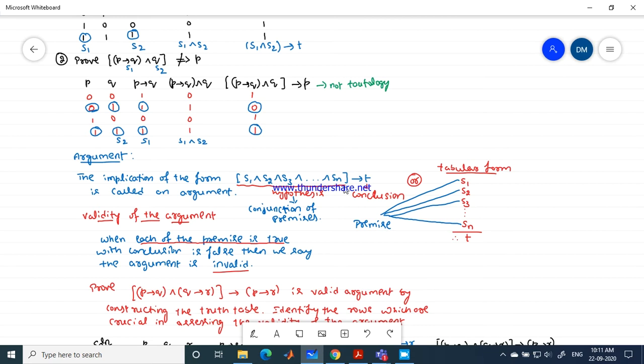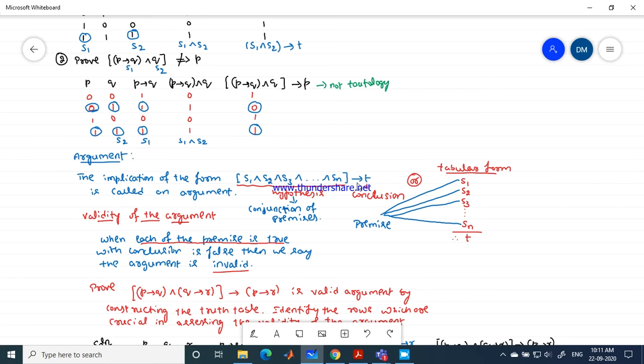These are equivalent sentences. We claim this is an invalid argument under only one situation, where all my premises are true with the conclusion false. This is the only situation where we claim this implication cannot be replaced by logical implication, and we also say this argument is an invalid argument.